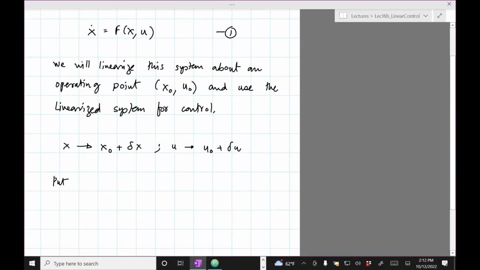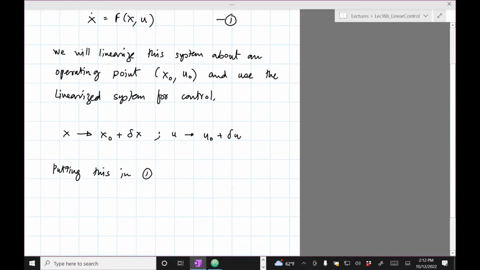So putting that in the system equation, we have x0 dot plus delta x dot equals f of (x0 plus delta x, u0 plus delta u).